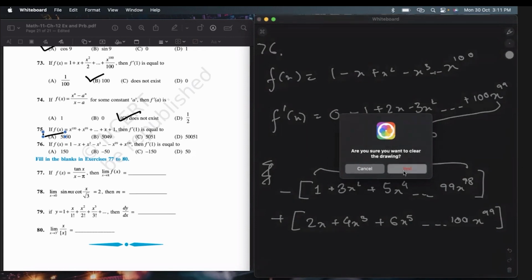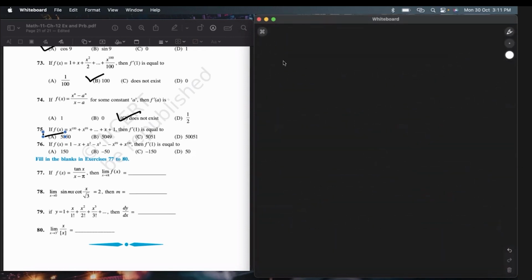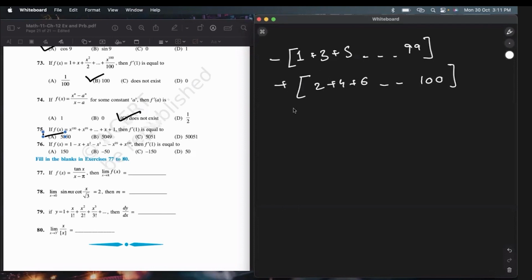Now, if I put the value x equals 1 in the above, I'll have minus of 1 plus 3 plus 5 till 99, and here I'll have plus 2 plus 4 plus 6 till 100. Now simply, you have to use the formula for summation.